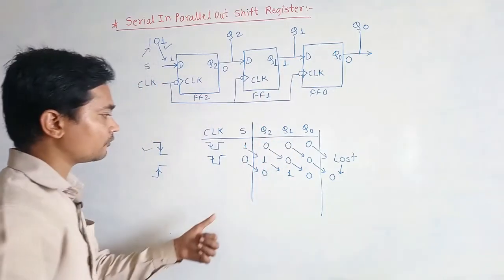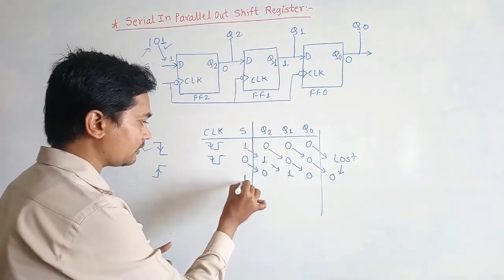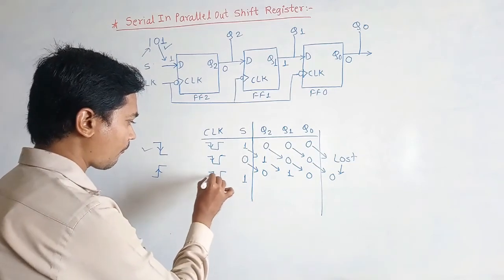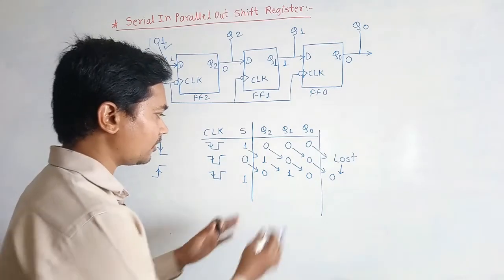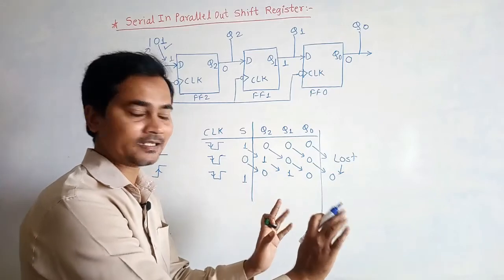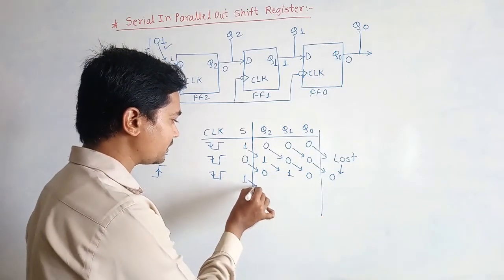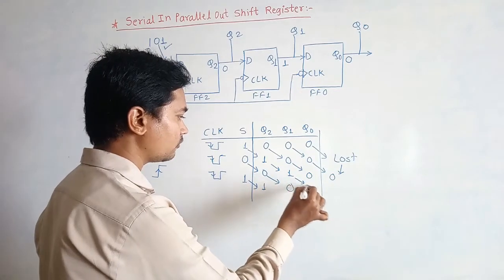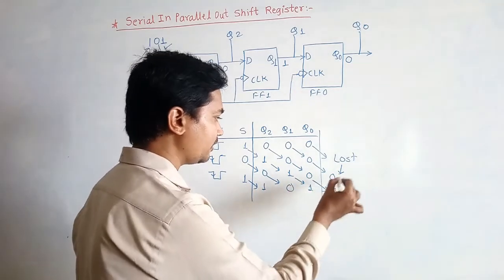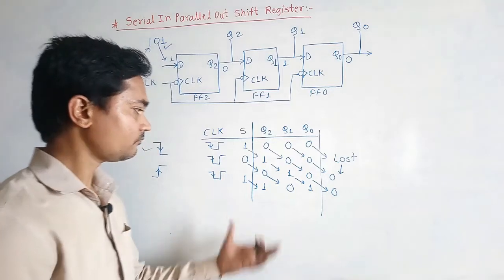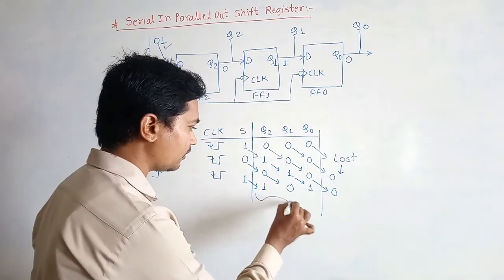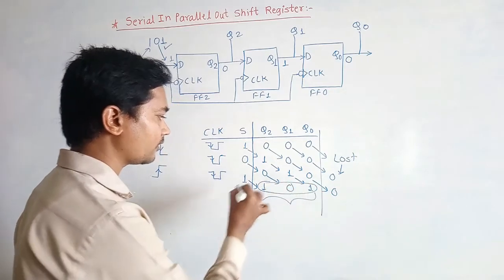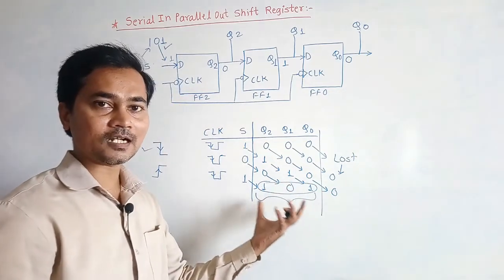When we are ready with the third input and apply the clock signal, all the 3 bits will be shifted towards the right side, and this one will be shifted at the Q2. So 1 0 1, and this 0 will be lost. Now all these 3 bits are ready, that is 1 0 1 as a parallel output.